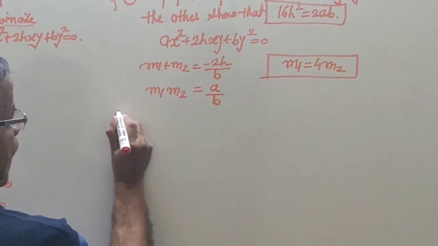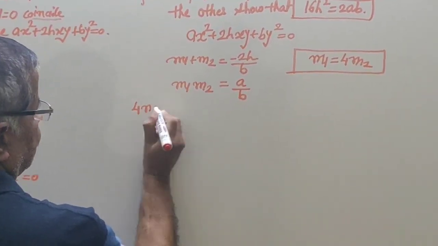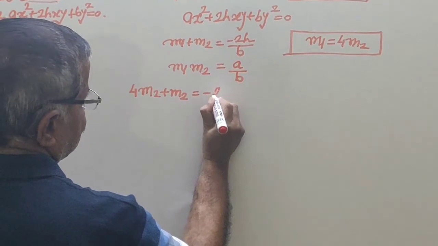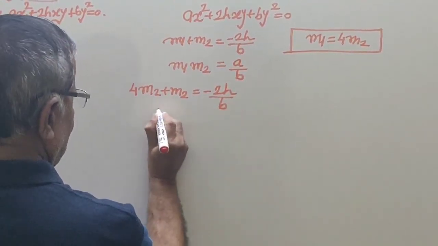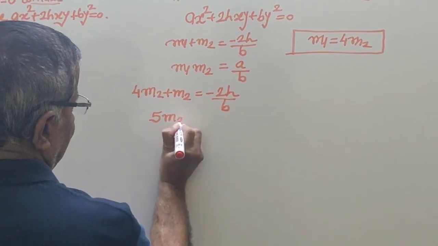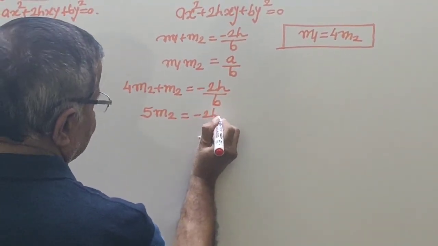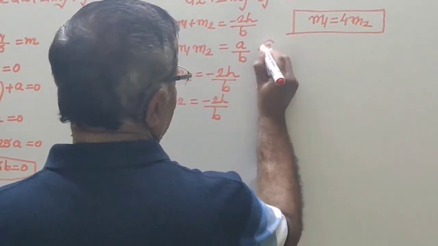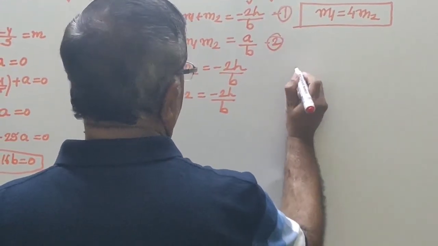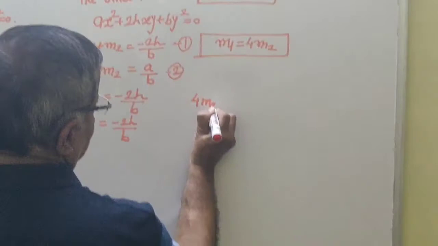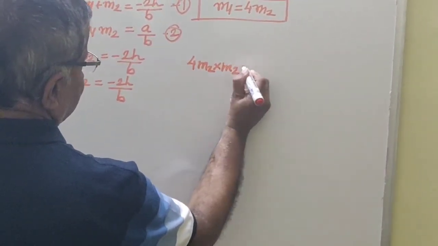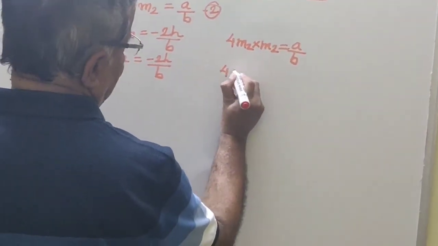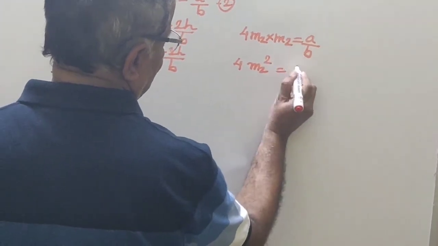I get 4m2 + m2 = -2h/b, so 5m2 = -2h/b. Substituting in the second equation, m1 is 4m2, so 4m2 into m2 is equal to a/b. Now what will come here: 4m2² = a/b.